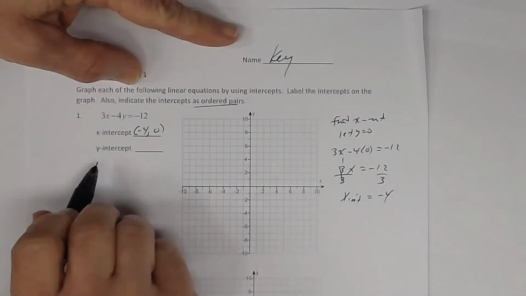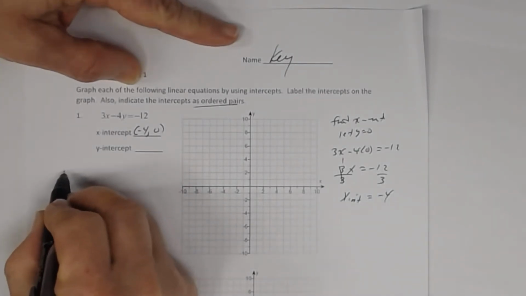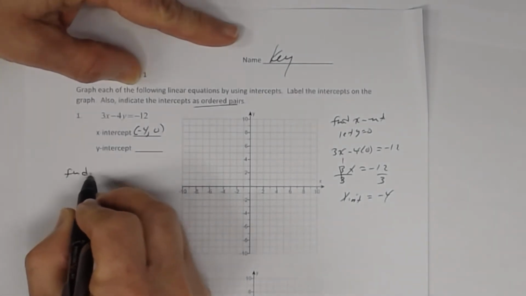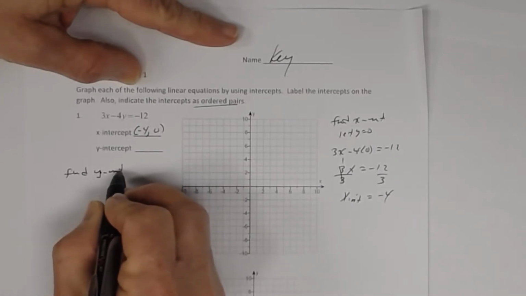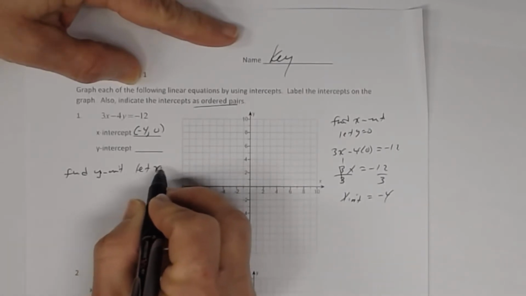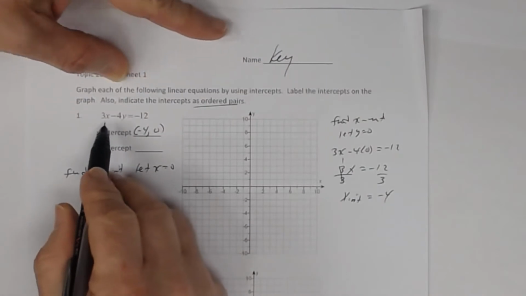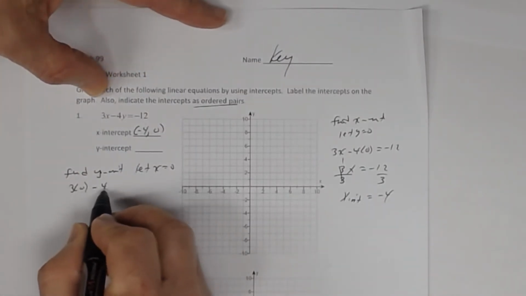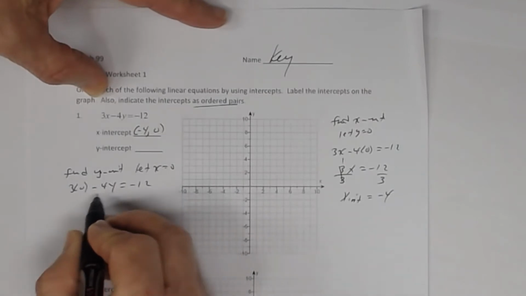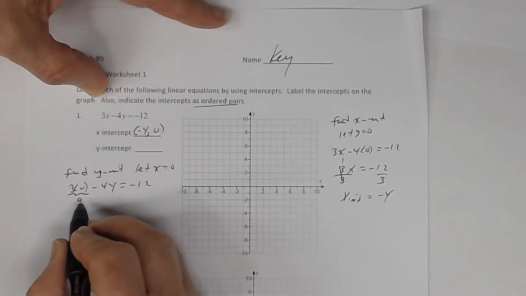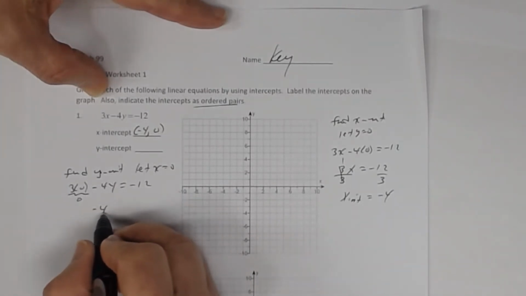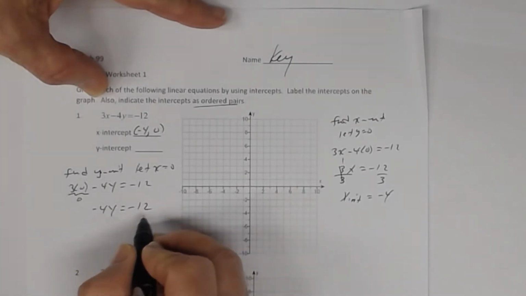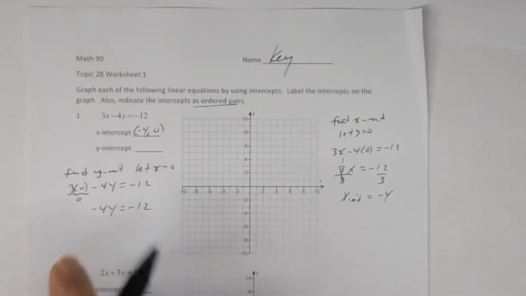Then to find the y-intercept, you let x equal 0. So I have 3 times 0 minus 4y equals negative 12. Well, 3 times 0 is 0, and 0 minus 4y is negative 4y equals negative 12. Make sure you're careful with your signs.